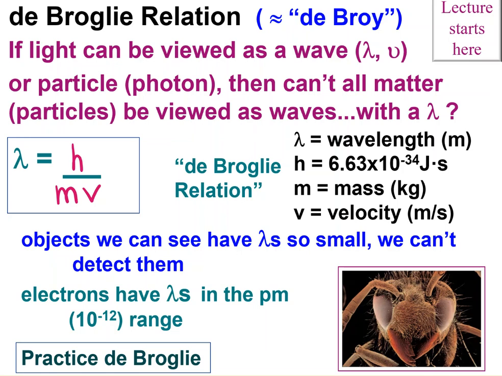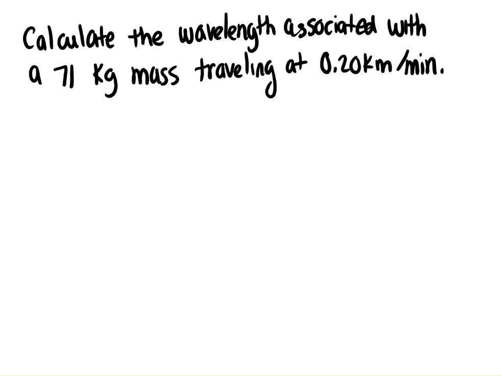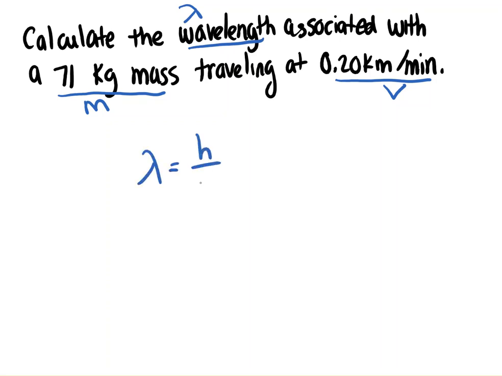So let's go to an example. We have a mass, a velocity, and we're looking for the wavelength. Here is our equation, but we have to be careful because we need SI units.